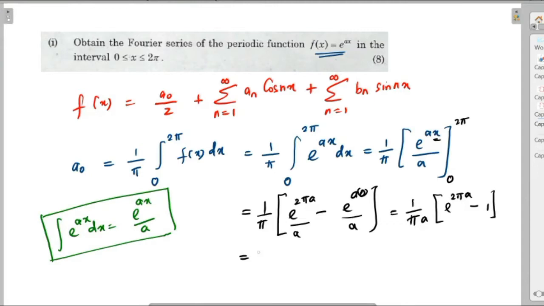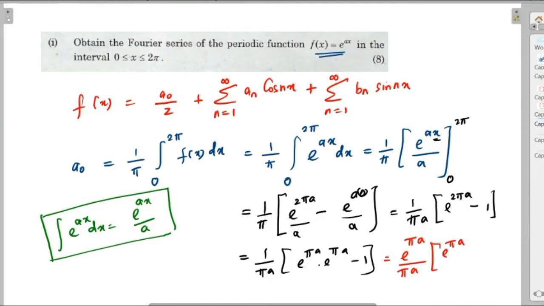But you can rewrite this term as 1 by pi a e power pi a into e power pi a minus 1. If you take e power pi a as a common term in this close bracket, you may get e power pi a minus e power minus pi a.